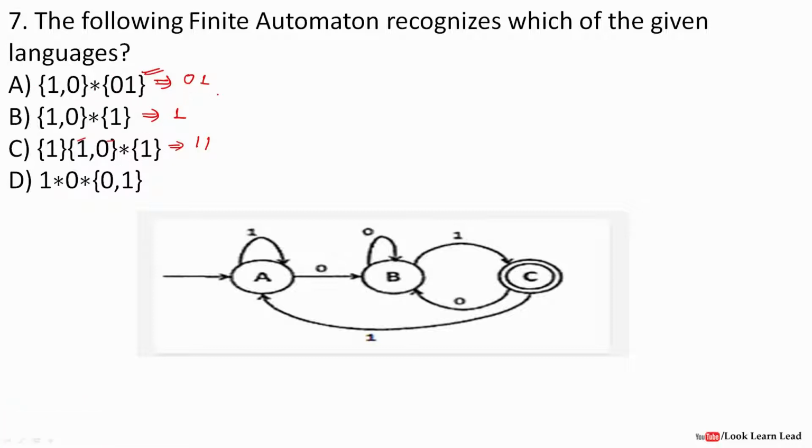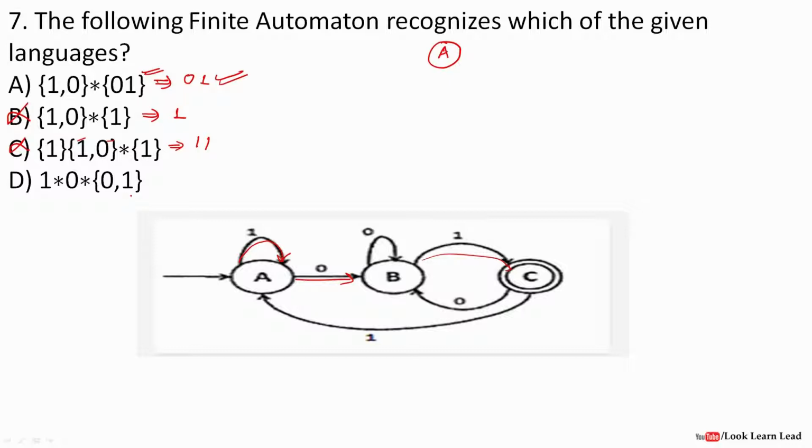For A, 0, 1, is it acceptable? Yes, 0 and 1 it would accept. So for now my A option is there in my options. For B, would it accept 1? No, it won't accept 1. 0 has to be there. So B is not in my options. C, 1, 1. Would it accept 1? No, 0 has to be there. So C would not be there.